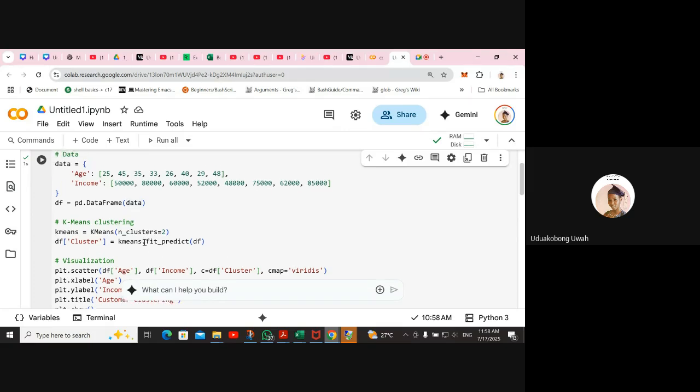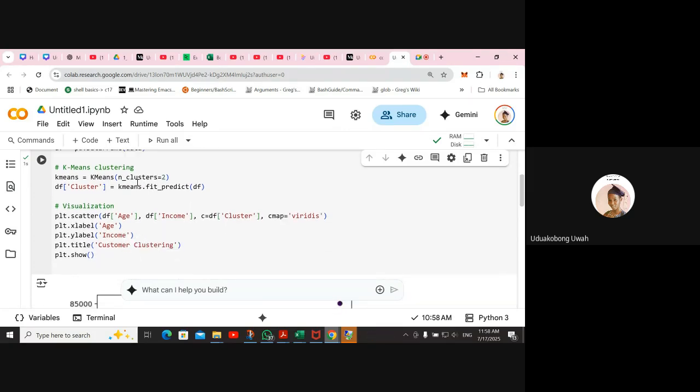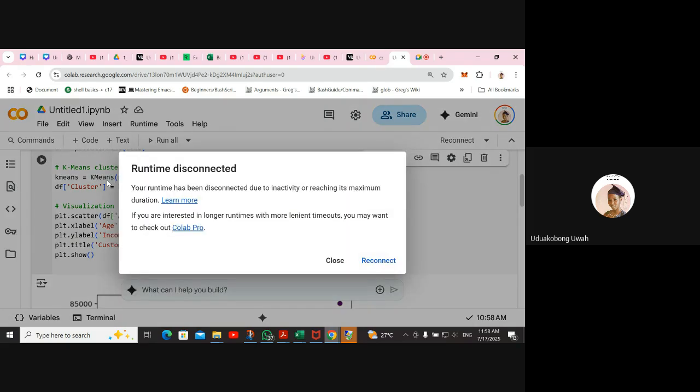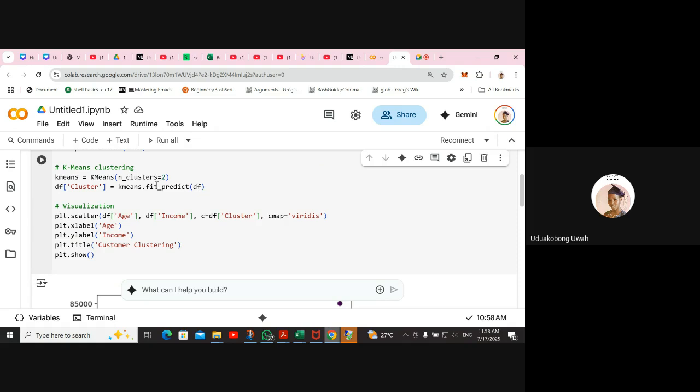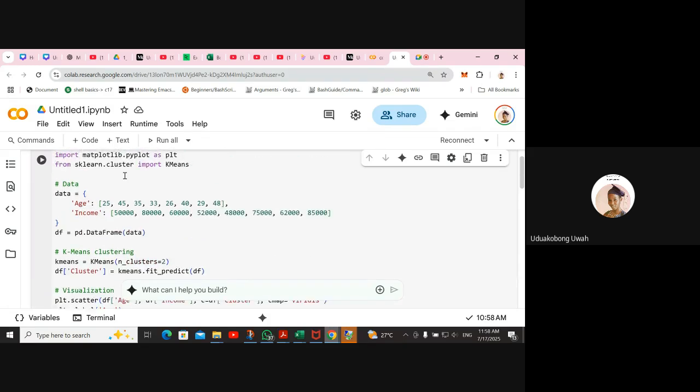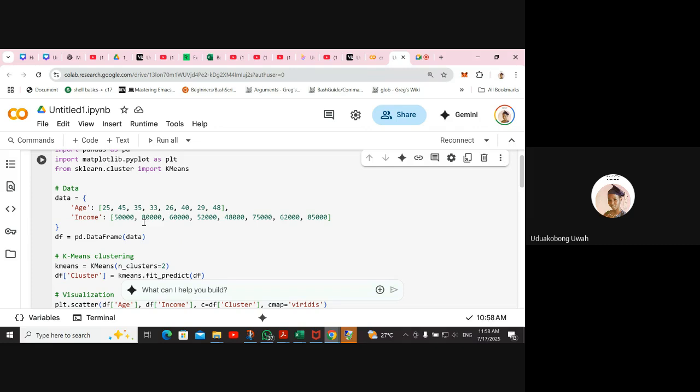Okay, so now this is where the crux of the matter is. Now k-means is a variable that I give. I create a k-means model here that will cluster this data into two groups.